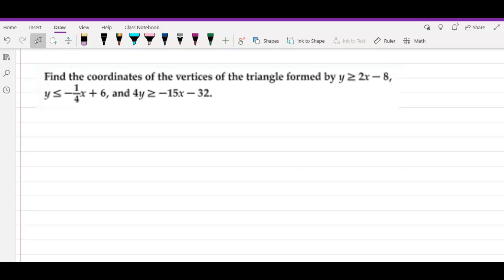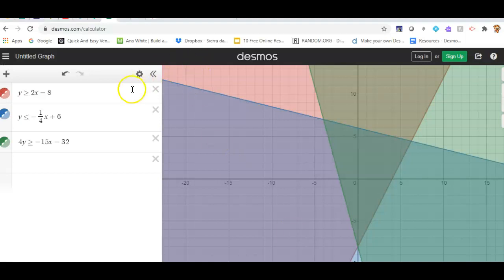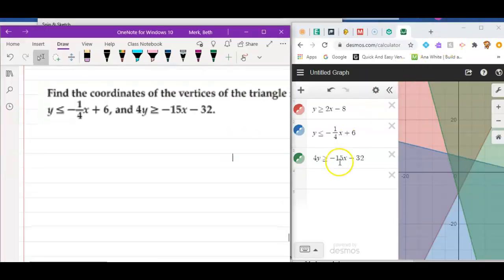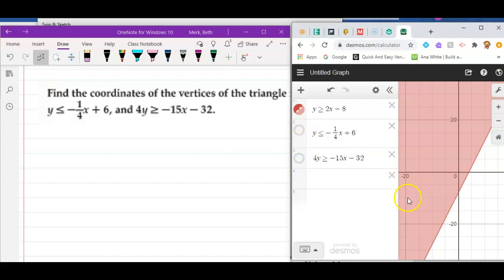Sometimes, especially in step 8, we're going to need to know the vertices of the shaded region. And to do this, we're just going to use Desmos to graph. Split my screen.